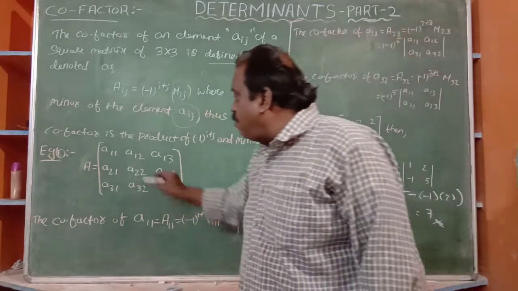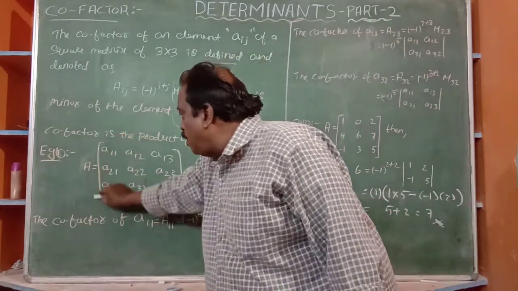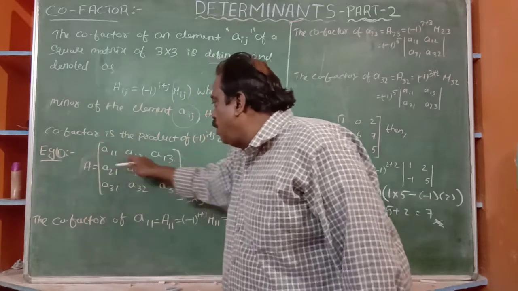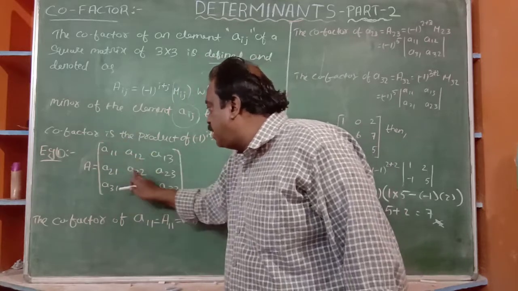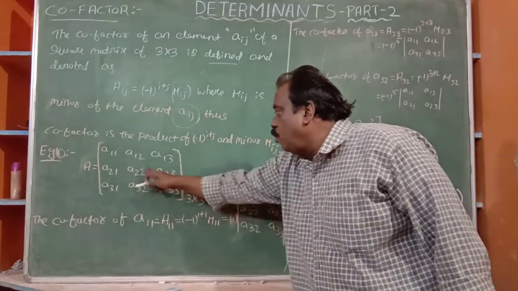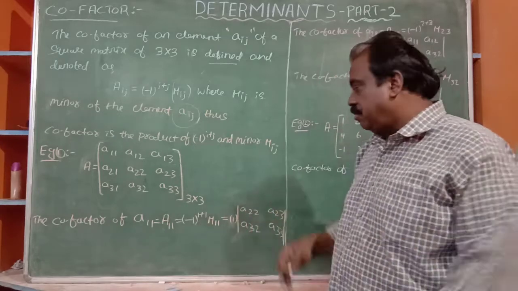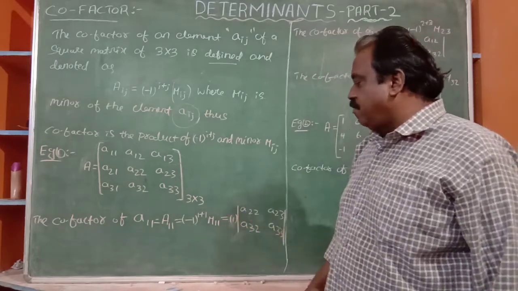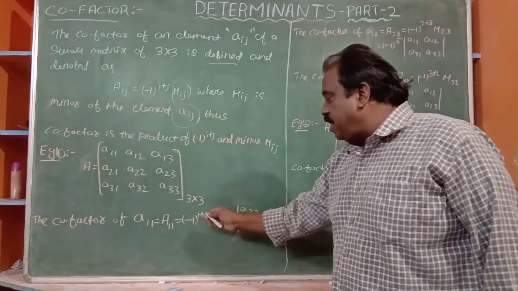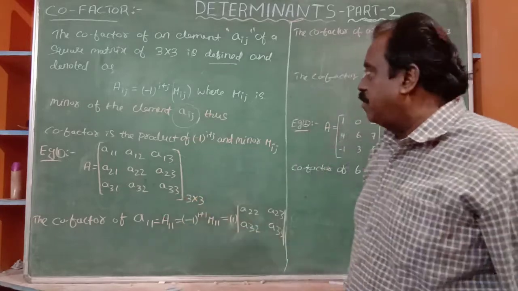How can you find M11? You delete the row and column of a11, and we get these two by 2 matrices. For that, we find the determinant. That is M11. Multiplied with minus 1 power 1 plus 1, we get the cofactor of A11.